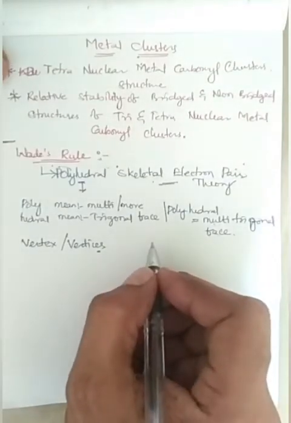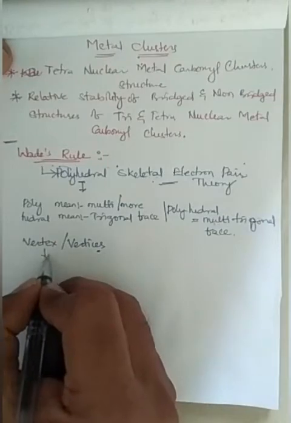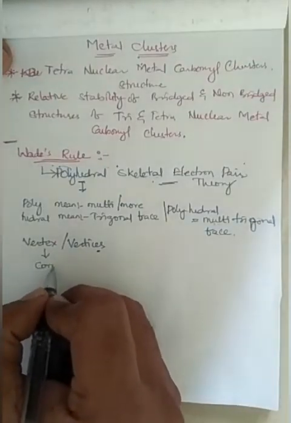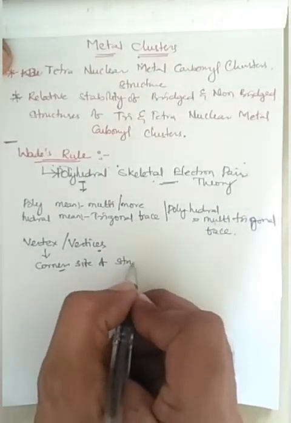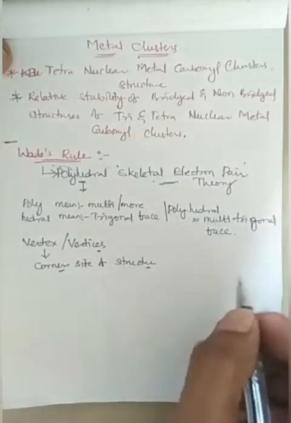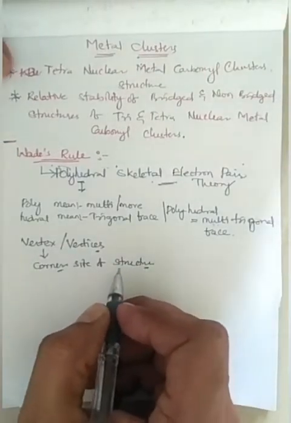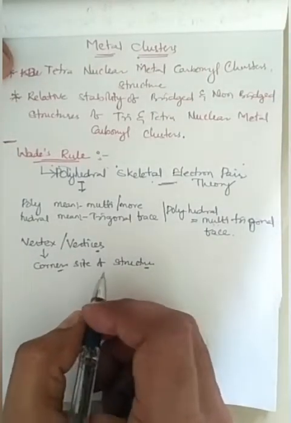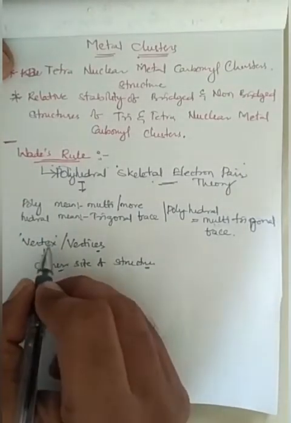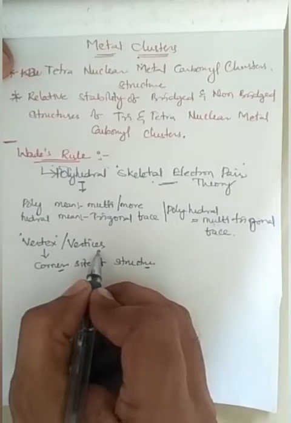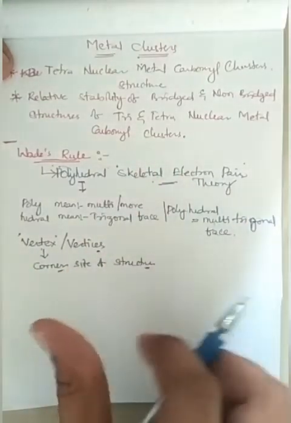Vertex or vertices is nothing but the corner site of a structure. In a structure there will be corner sites, right? Thus corner sites are scientifically termed vertex. Its plural is vertices, right? So vertex means the corner site of the structure, right?